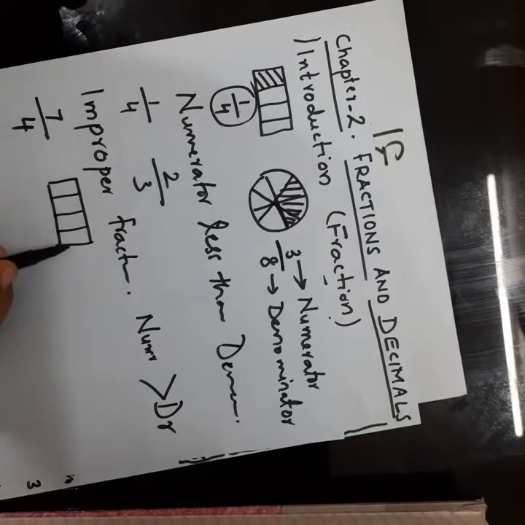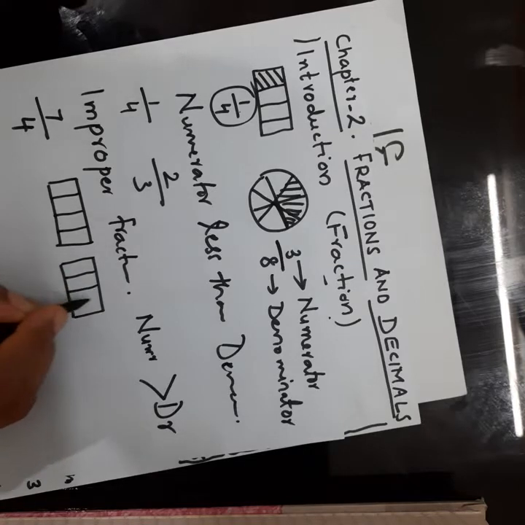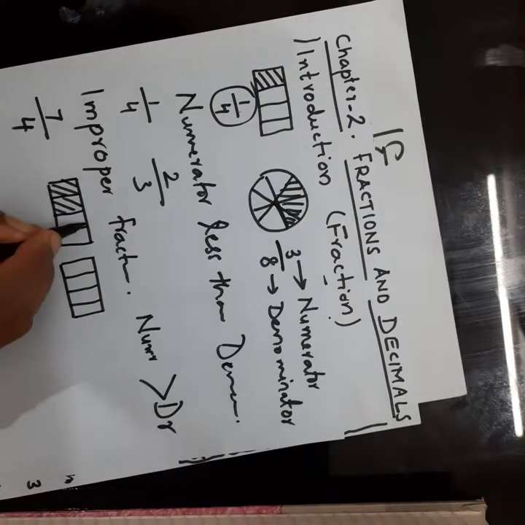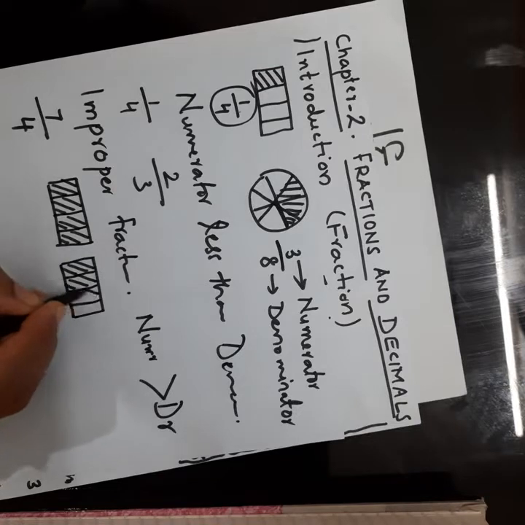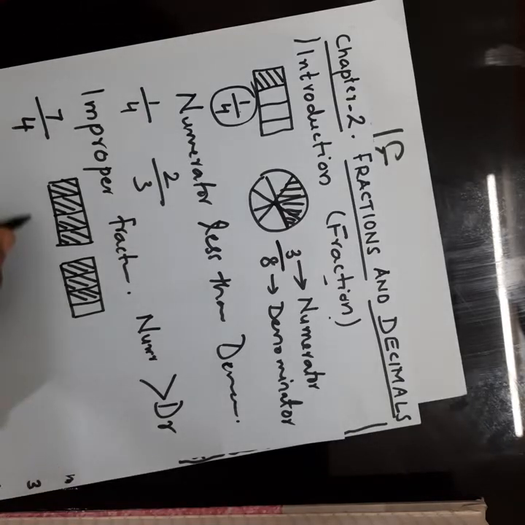I can't select 7 from here, so I need one more whole of the same size, 1, 2, 3, 4. So now 7 means 1, 2, 3, 4, 5, 6, 7. This total is called 7/4.